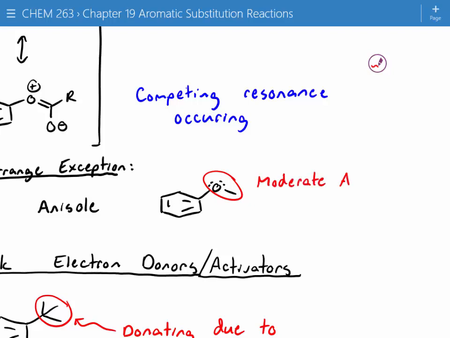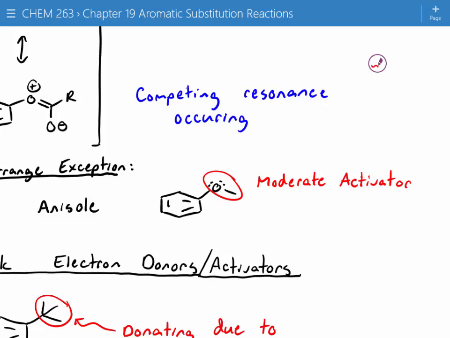Even without the competing resonance, because we have an alkyl group on there, the alkyl group is slightly electron donating, and so if we dump electrons into that ring, it doesn't stabilize it very well. So in this case, we're going to accept this at face value that anisole is a moderate electron donator. It's not a strong electron donator as we might expect. It's one of those weird exceptions.